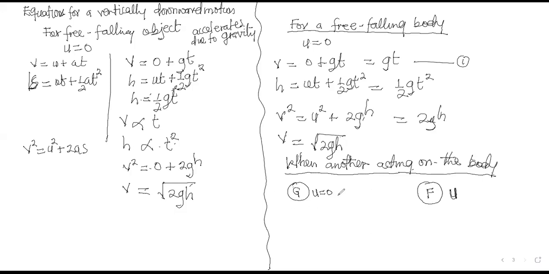So when you have two stones or oranges thrown from the same height to the ground, and one is let fall freely, this is free falling, and the other one has a certain initial velocity, a force given to it, this one will drop to the ground in a lesser time than the other.